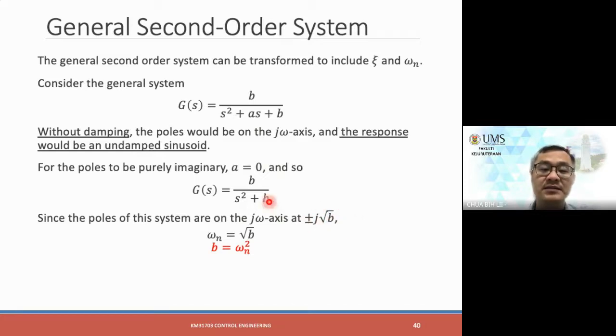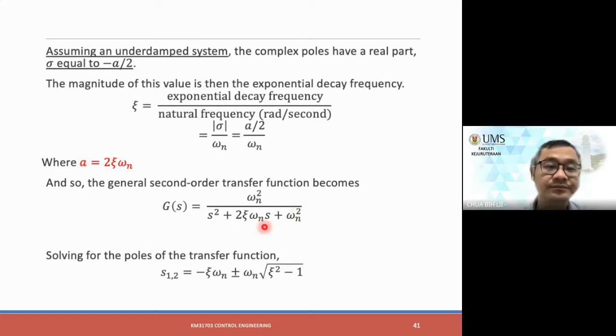These are the poles that we expect from this equation. So the natural frequency here would be the square root of b, or in other words, b equals omega n squared, which is the more commonly used term. From this, we will substitute this omega n squared into these equations. That would be our first part.